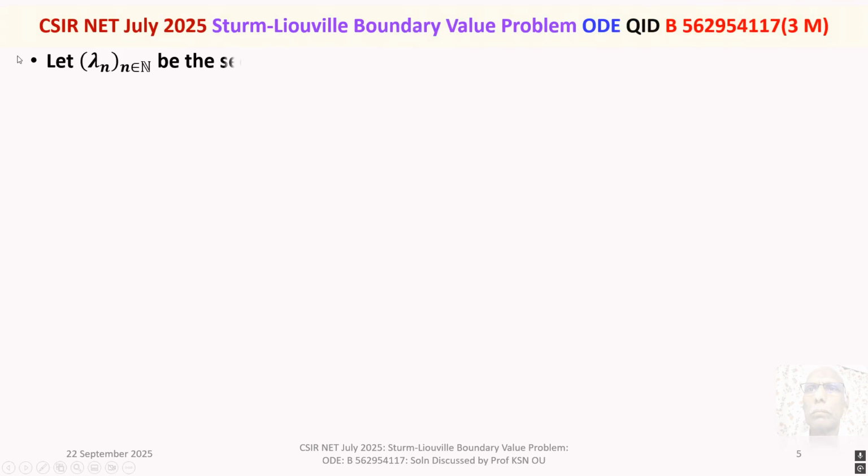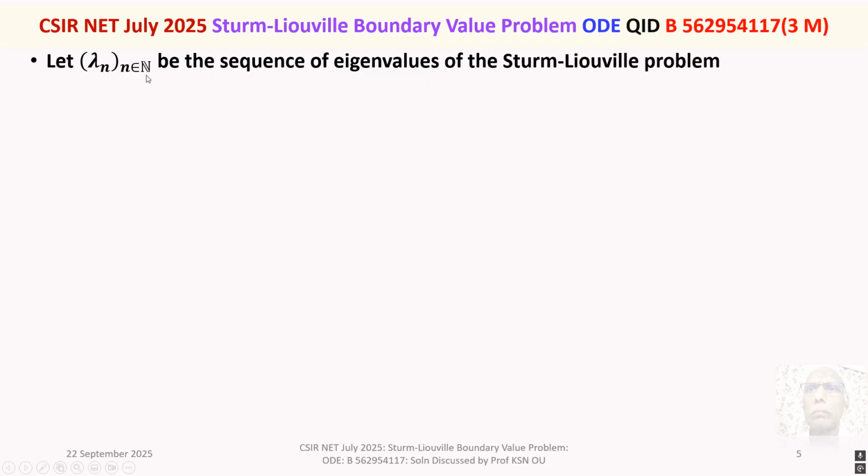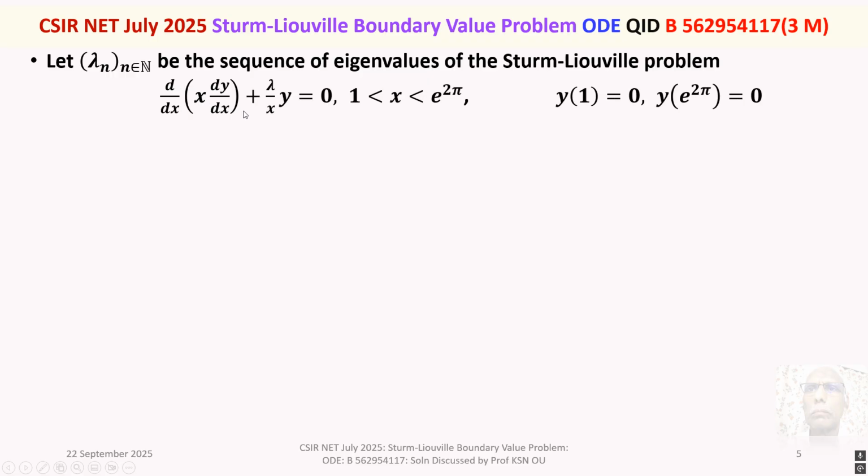The given question is: let lambda n, where n belongs to the set of natural numbers, be the sequence of eigenvalues of the Sturm-Liouville problem given by d by dx of, in brackets, x dy by dx, plus lambda by x multiplied by y is equal to 0, where 1 less than x less than e to the power of 2 pi, under the boundary conditions y at 1 is 0, y at e to the power of 2 pi is 0.